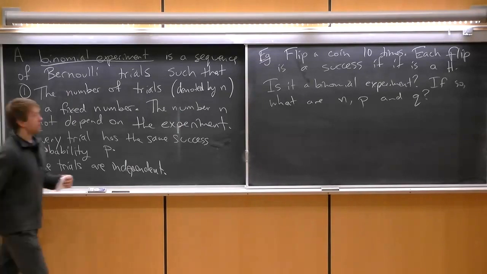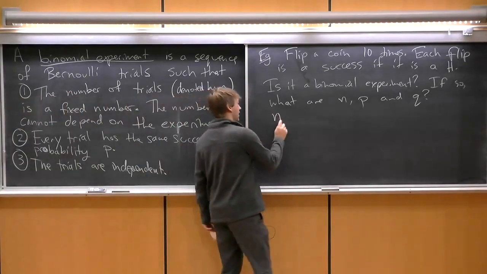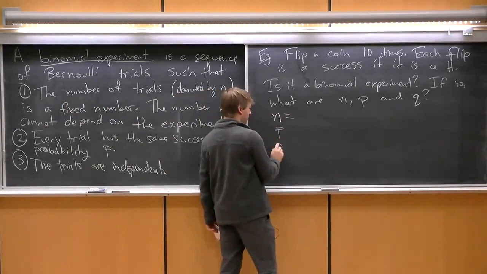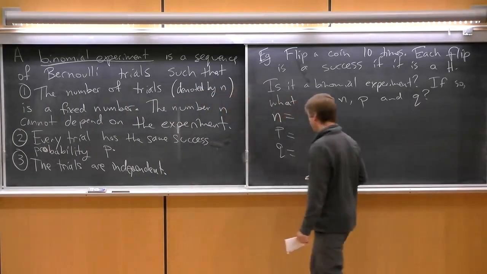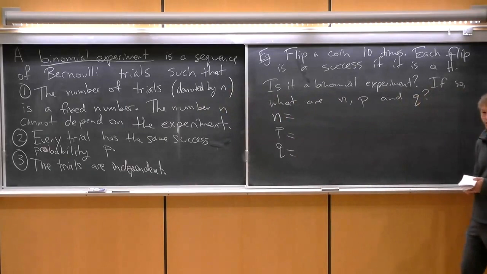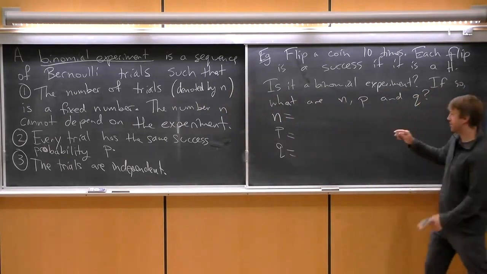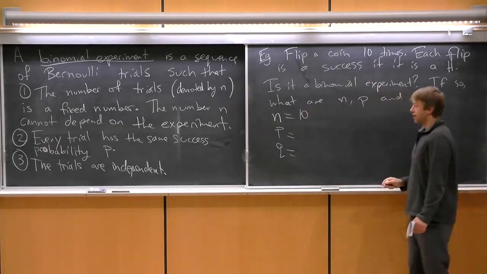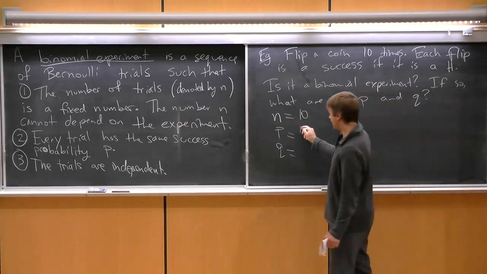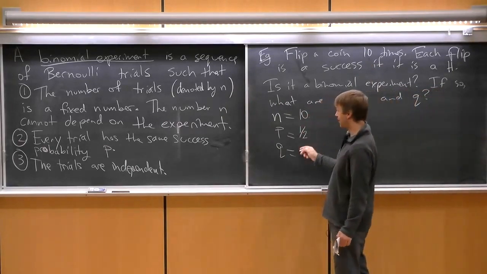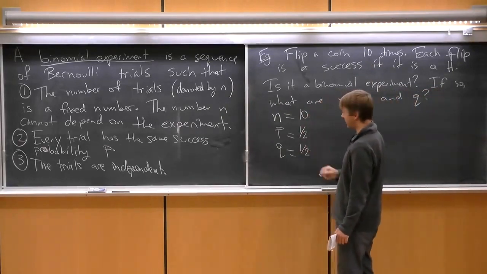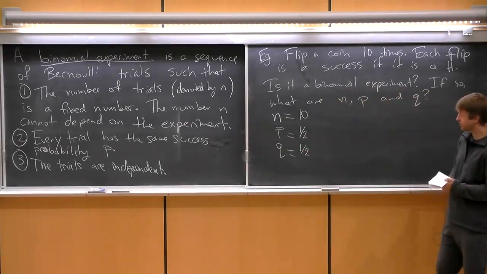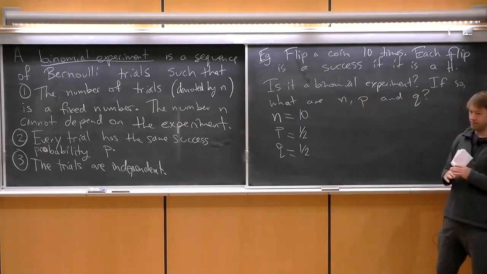So what are my values of N and P and Q? N is the number of trials, right? It's going to be 10. P, the success probability, is a half for each trial. The failure probability is a half, right?